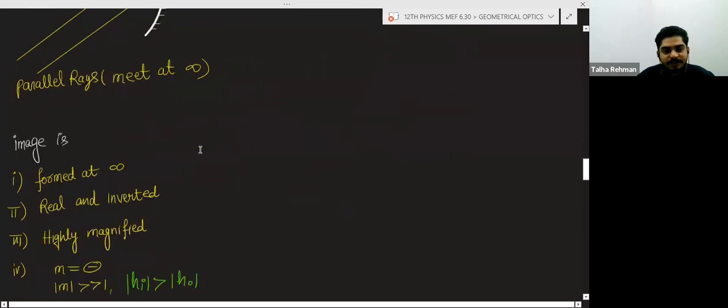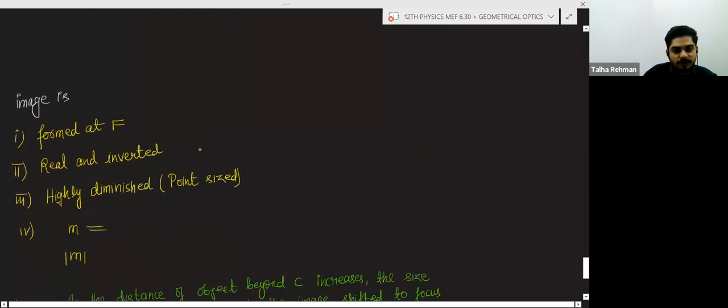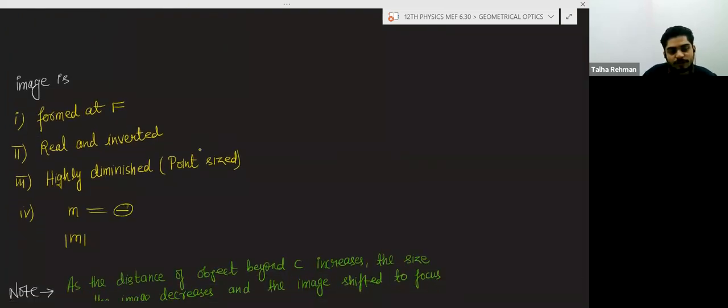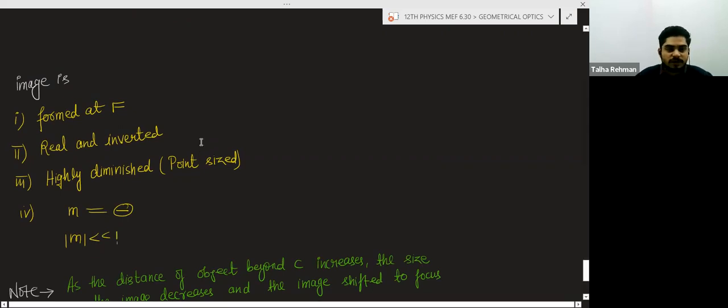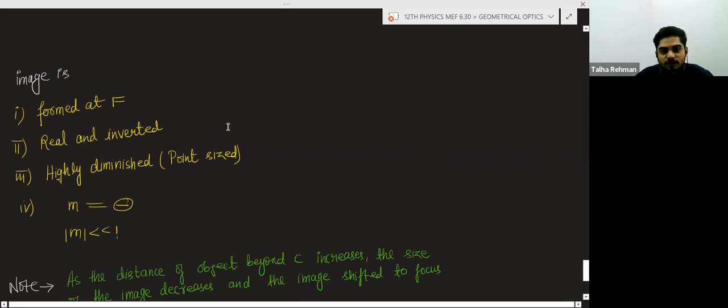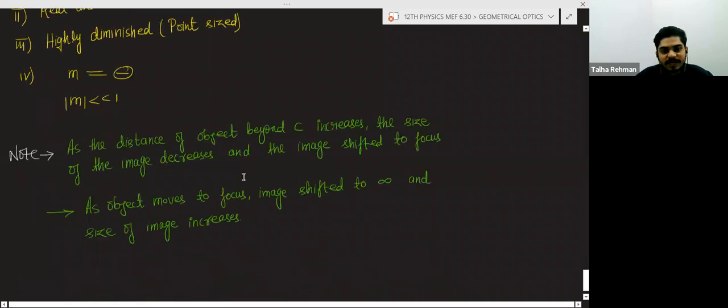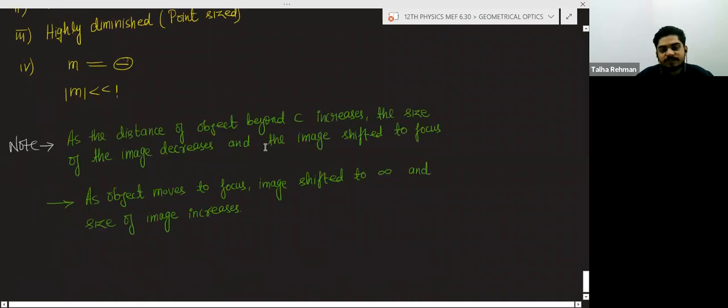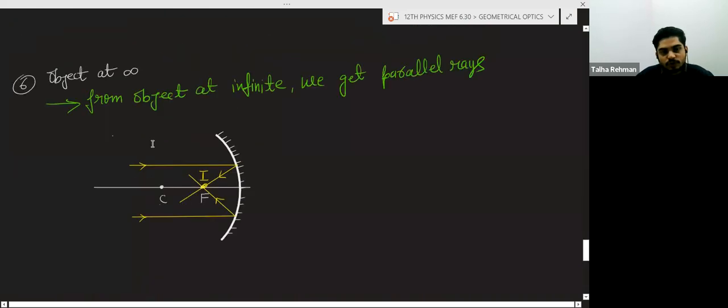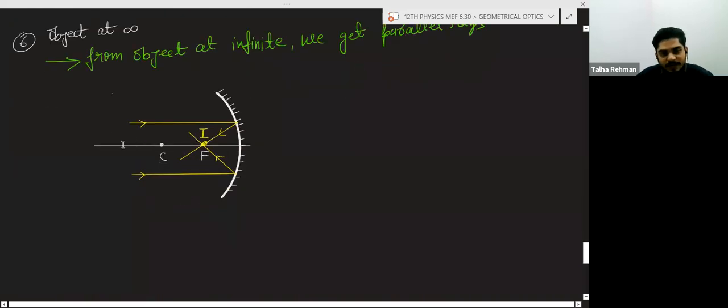Real and inverted, so magnification will be negative, and magnitude of magnification is much less than 1. After that, as the distance of the object beyond C increases, the size of the image decreases and the image shifts to the focus. So if you are placing an object and you are increasing the distance of that object beyond the center of curvature, the image will shift towards the focus.